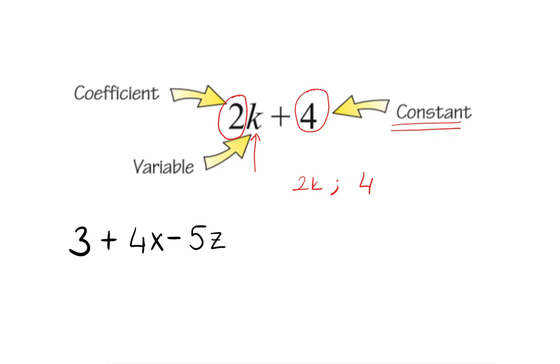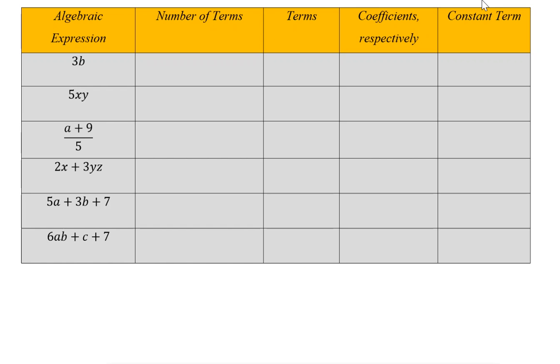In the expression here, 3 plus 4x minus 5z, the terms here are 3, 4x, and minus 5z. I said minus because you should take the term with the sign before it.